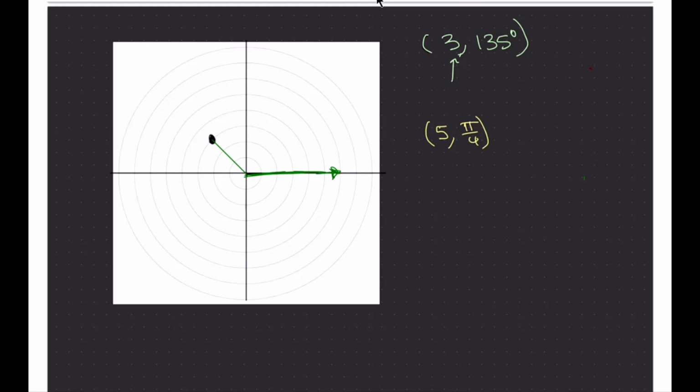You can always convert that into degrees, right? How would you convert it into degrees? It's 45 degrees. So you could always do pi over 4 times 180 over pi, right? And that's going to give you 45 degrees. So we know we got to be 1, 2, 3, 4, 5.